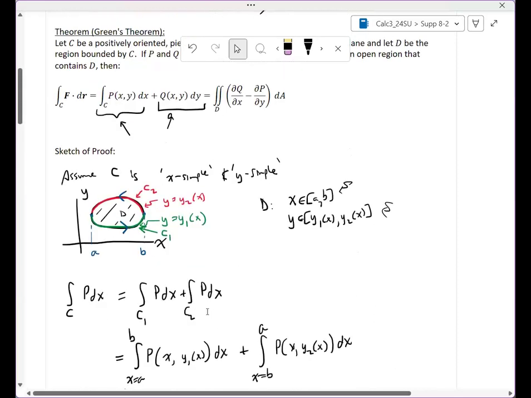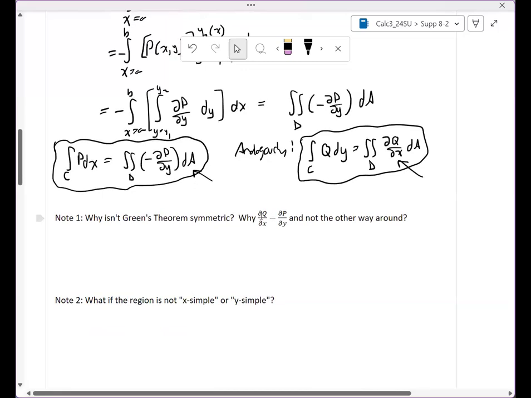Aren't I in some sense just finding an area? Shouldn't that be the same if I swap x and y? Why does dQ/dx have to come first and then minus dP/dy? If I switch the two, I'm off by a negative sign. Why isn't Green's theorem symmetric?